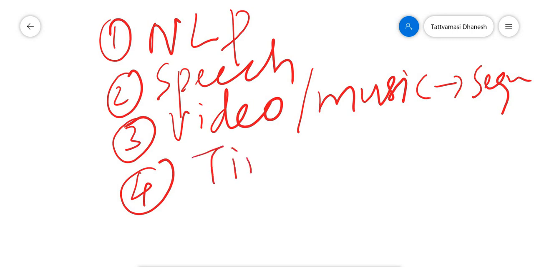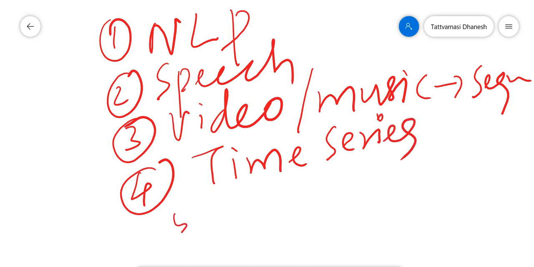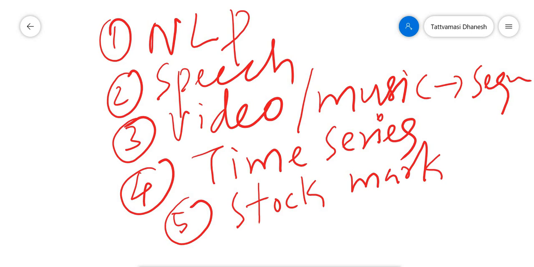Time series data, such as the stock market. In all these cases, we need to use historical data, so we have to use a recurrent neural network, not the traditional feed-forward network.